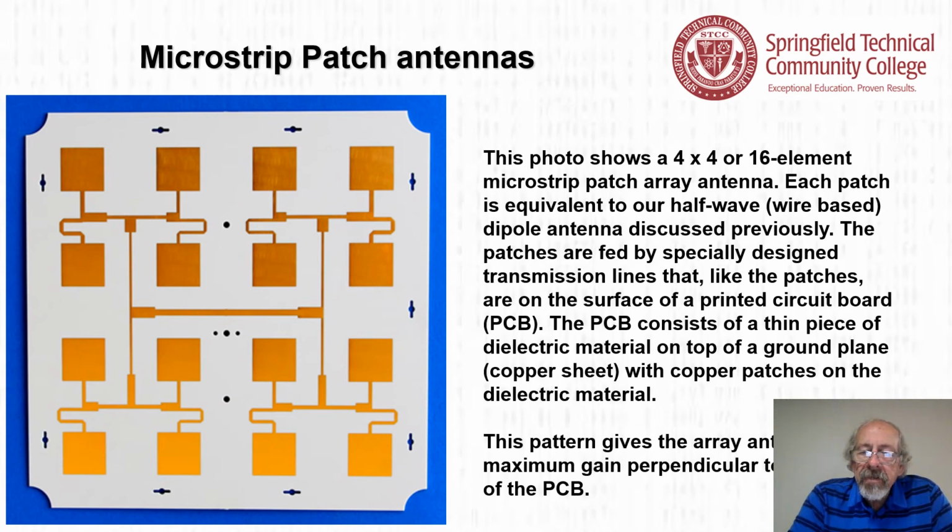The PCB consists of a thin piece of dielectric material on top of a ground plane, which is a copper sheet, with copper patches on the dielectric material. And you can see those copper patches to the left in that picture. This pattern gives the array antenna maximum gain perpendicular to the surface of the printed circuit board. So that would be coming out at you from the slide.